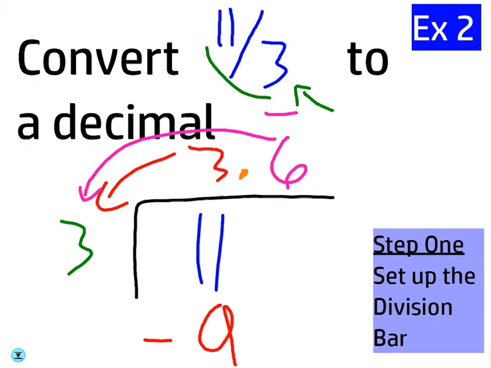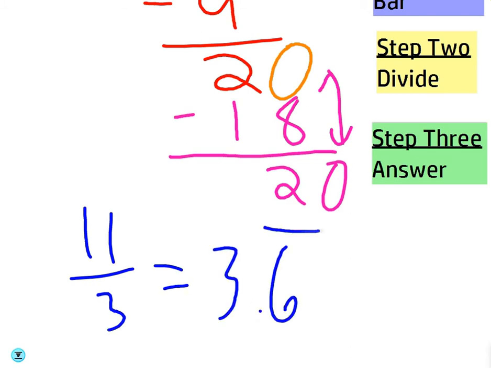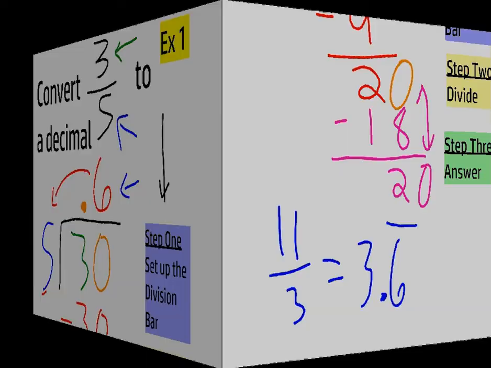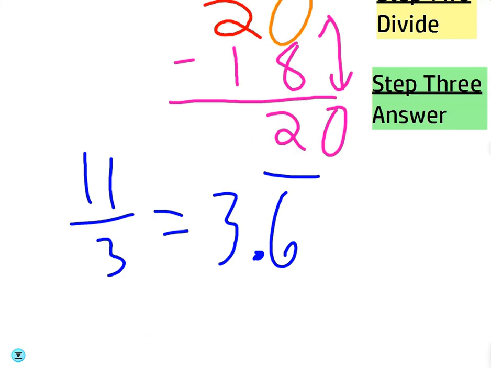So that means that 11/3 as a decimal is just equal to 3.6 repeating. Simple. You could write it as a mixed number, just like we just talked about. But you can kind of see that the mixed number makes sense. It would be 3 2/3, which is the same as 3.6 repeating.